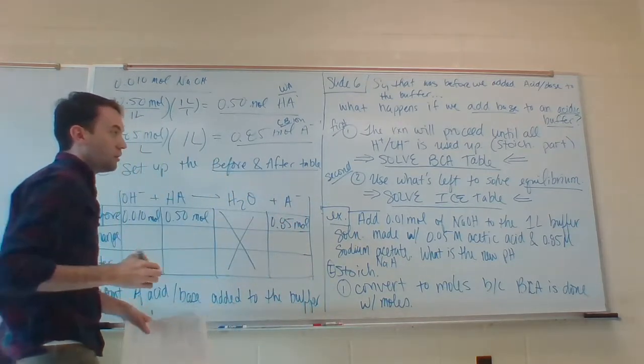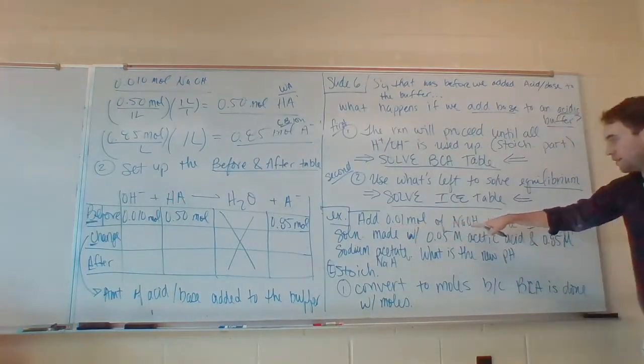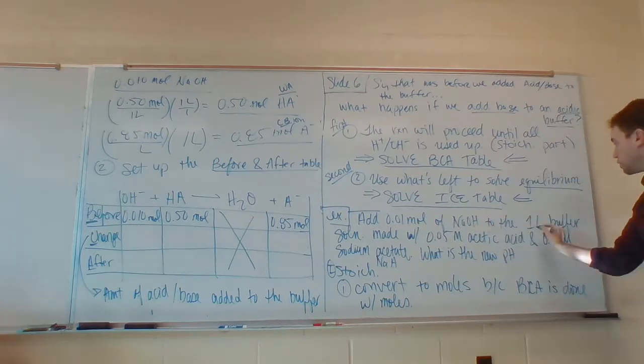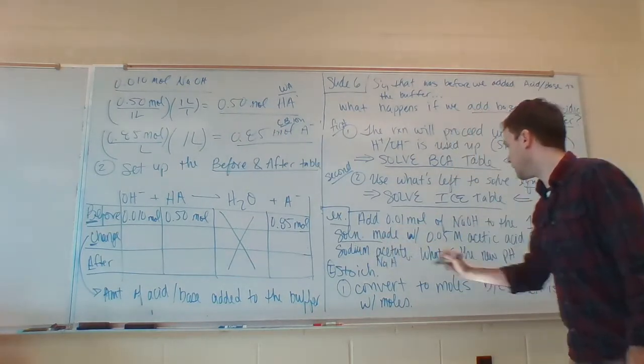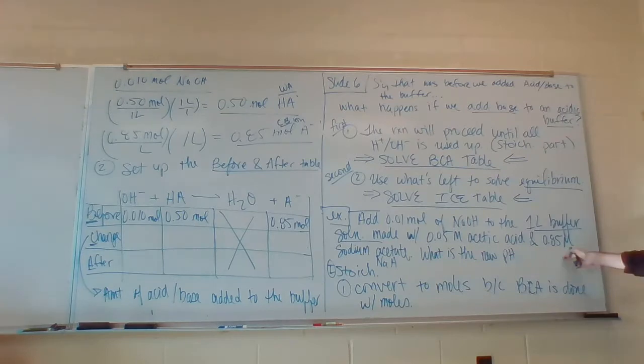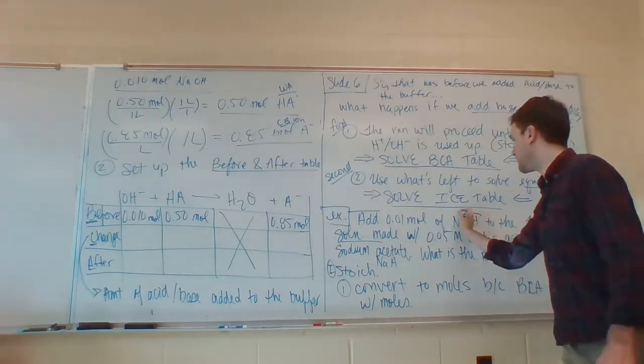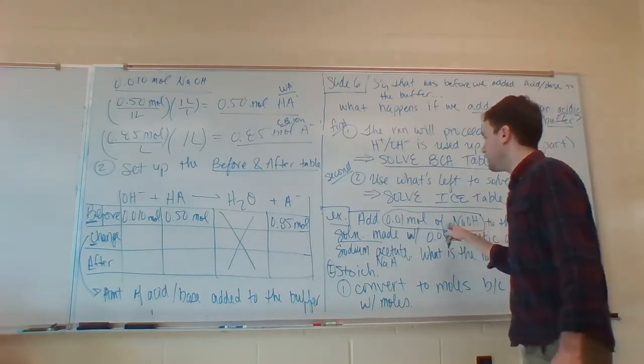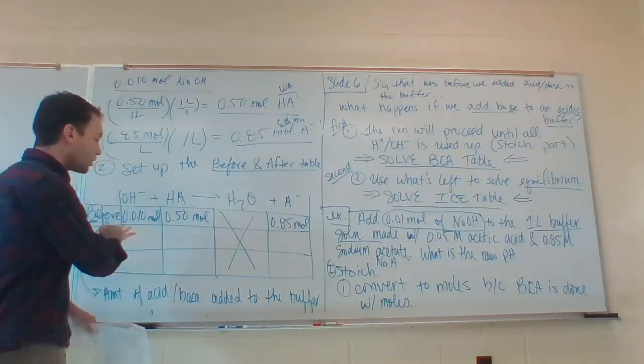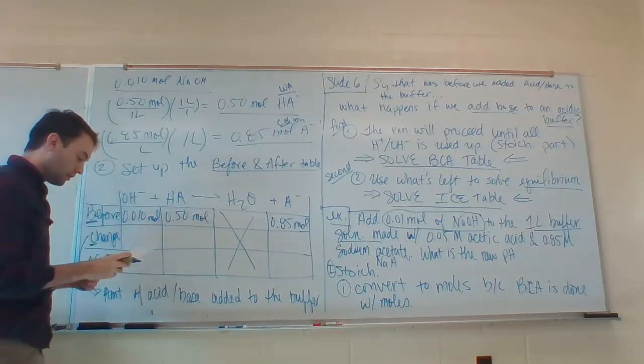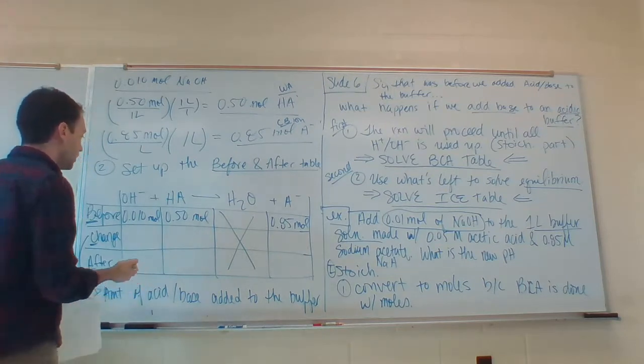Now, we added this amount of base to the buffer solution that we made with the acetic acid and the sodium acetate. That means that this amount of the base that was added is what we're going to use for our change. Follow your limiting reagent process.